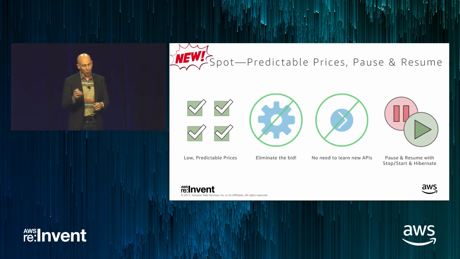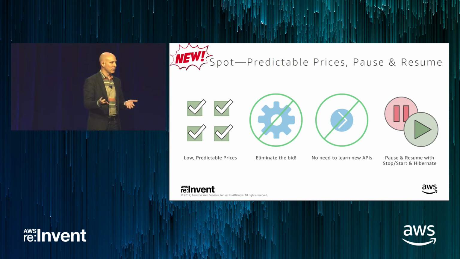But we decided to go one step further, and we introduced the Hibernate feature as of today. So Hibernate works just like closing and opening your laptop lid. If you have an application that does maintain some state and you want to use Spot, if you select the Hibernate option, when there's an instance termination notice, we will intercept that.